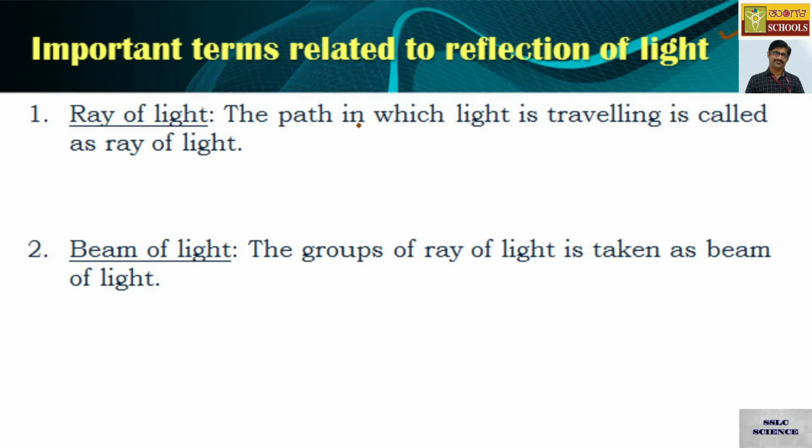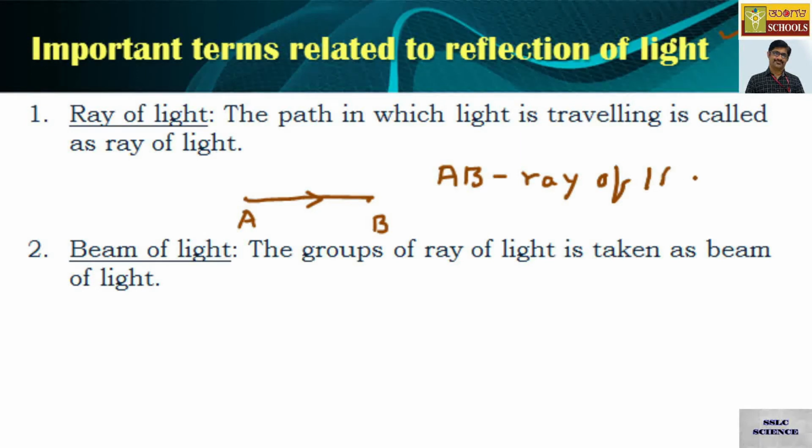Assume the light is traveling from this point, say A, to point B. So this path along AB is known as a ray of light. Ray of light means the path in which the light is moving.